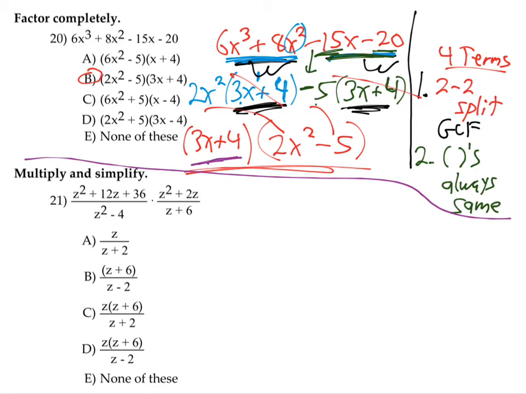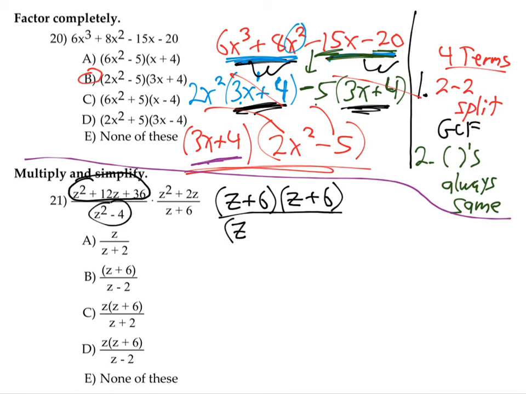All right, so let's try 21. So 21, we're multiplying two fractions. That's going to be 4 factoring problems, basically, right? Well, one of them doesn't factor, but in the interest of time, I'm going to roll right along. So this up here factors z plus 6, z plus 6, because it adds to be 12 in the middle, multiplies to be 36.